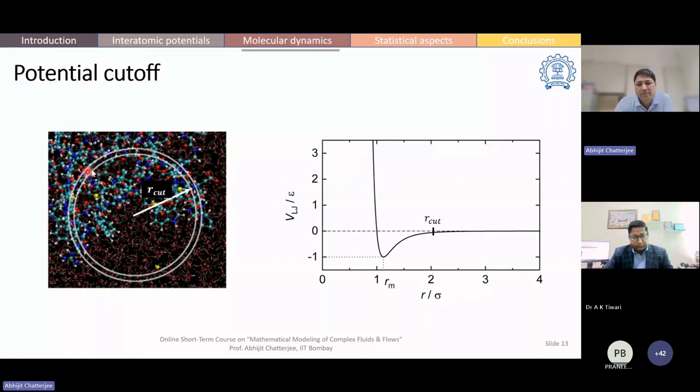So our list of neighbors can change because of the molecules moving in and out, right? So one typically adds a buffer layer, shown by the second larger sphere, the white circle, which is a slightly extended neighbor region.